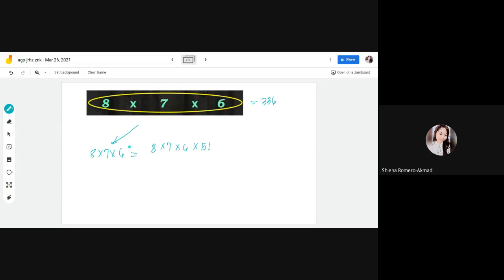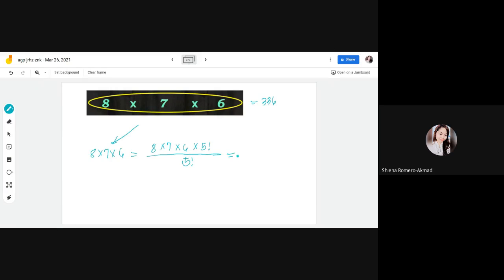Diba? Kung nawala siya, ibig sabihin nag-cancel out tayo. So, ibig sabihin sa denominator, we also have 5 factorial. Kinancel out yan, kaya naging ganito. Okay? Malinaw yan, ha? Kaya siya naging 8 times 7 times 6.